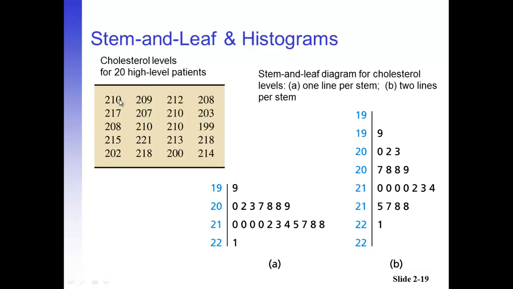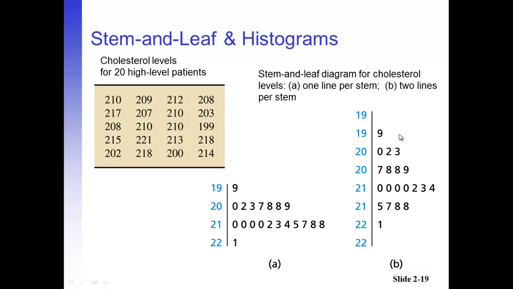They are all but the last digit in these data. Now what we could do would then be to record the 19 twice here, the 20 twice, the 21 twice, etc. And what we intend to do then is that digits 0 through 4 could go in this row, representing 190 through 194.